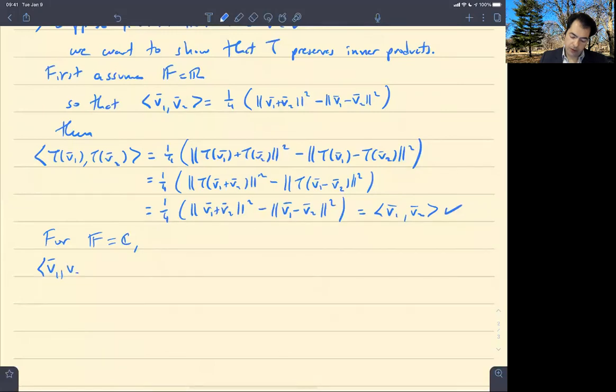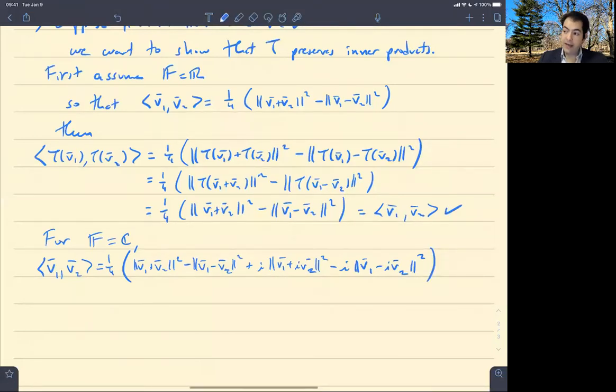The inner product of v1 with v2 is equal to 1/4 times the norm of v1 plus v2 squared minus the norm of v1 minus v2 squared plus i times the norm of v1 plus i v2 squared minus i times the norm of v1 minus i v2 squared. Okay, and that will recover the inner product from the length.